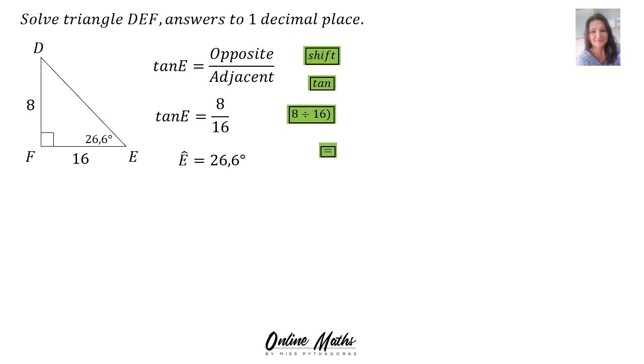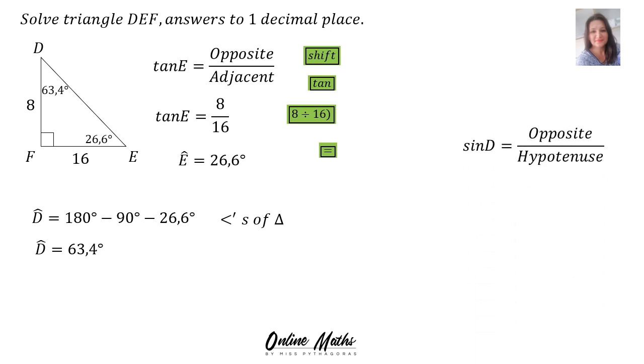Then we can work out angle D with angles of a triangle. So we can say angle D will be 180 degrees minus 90 degrees minus 26,6 degrees, and D is 63,4 degrees. You can add it in on your sketch.